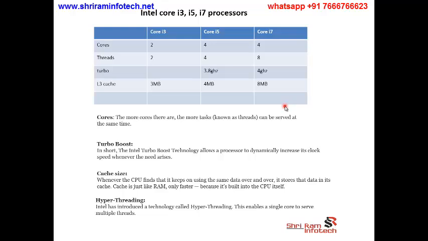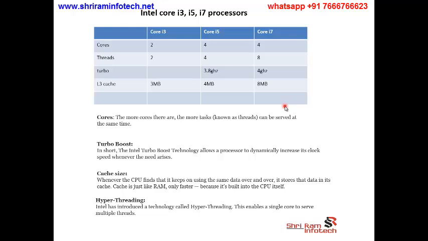And then there is a next thing in the processor that is called generations. Generation means they are improving the processor, cache, RAM, speed. Then there is called TDP. Then the power, power is slowly reducing.